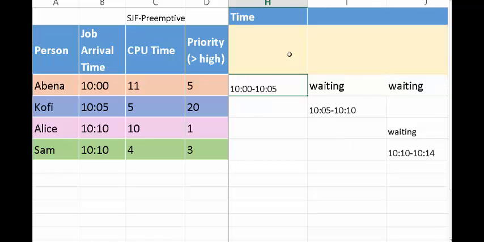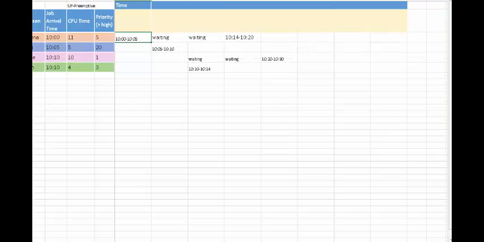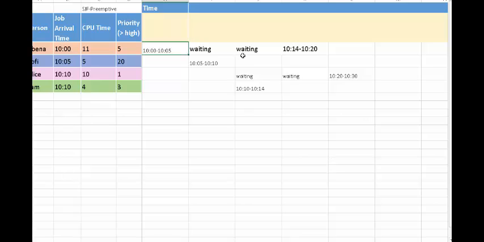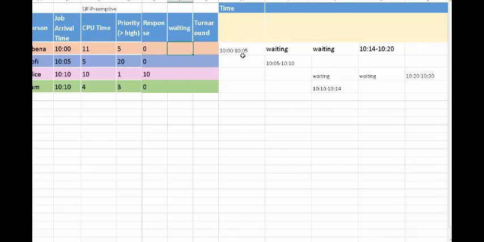So there's a gap between the two times, and that gap is the waiting. So the waiting time for Abena is 9, waited for 9 because of the delay. Kofi didn't have any waiting time. He got to run and finished on time.